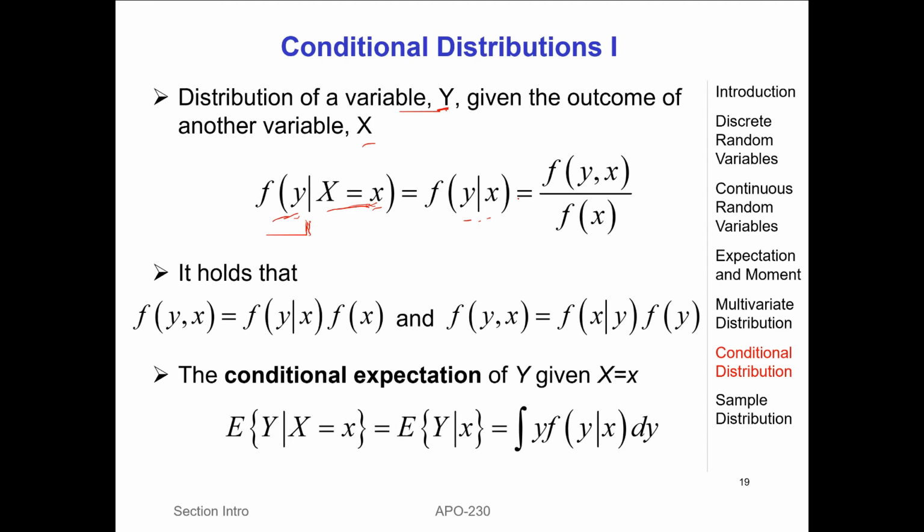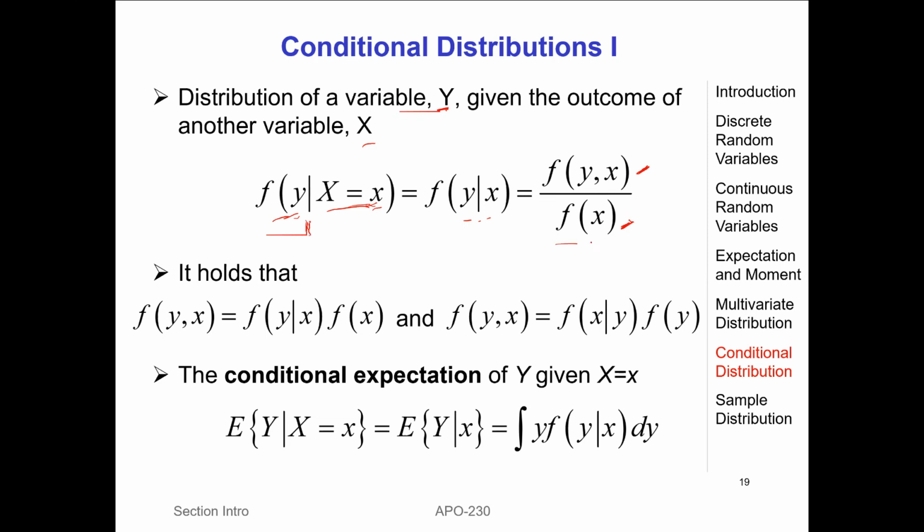You can infer this conditional density function by dividing the joint density of the two random variables by the density function of X. That's very similar to the conditional probability or the Bayes rule that you have seen last semester in the quantitative methods class.